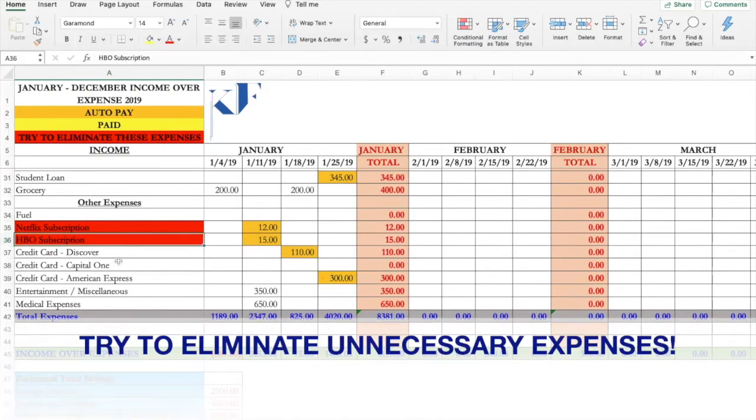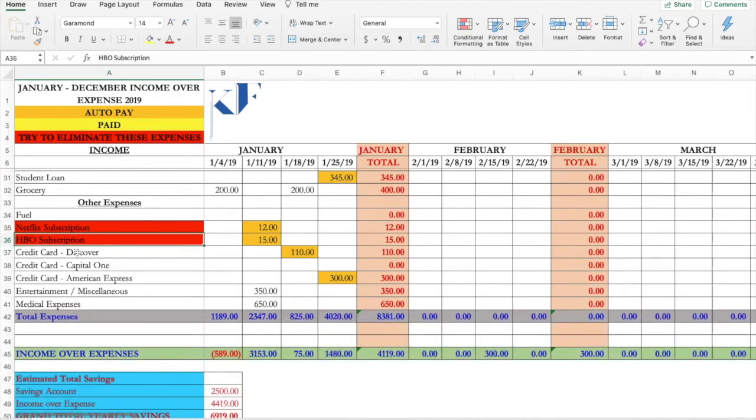Why is that? Because the goal is to eliminate these expenses, and you want to try to eliminate them as soon as possible. And here I have different credit cards. They're also set on auto pay. And as I mentioned, you want to include your entertainment or miscellaneous costs. If you have medical expenses, include that as well.